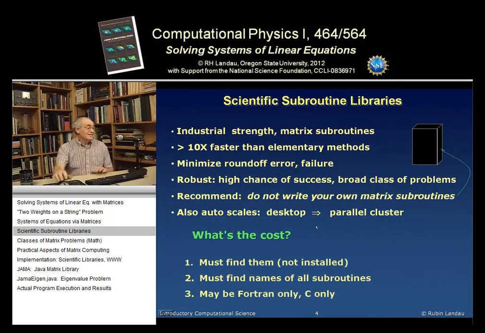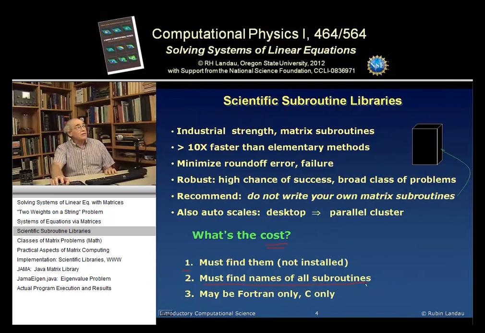What's the cost? Well, nothing comes free. Okay. The first cost is that most of these libraries are not installed on the computers as you buy them. You have to get them from someplace else, install them, get all the pieces to run. That's not always trivial. The second cost is it's not obvious what routine you need to do any one thing. You have to look it up.